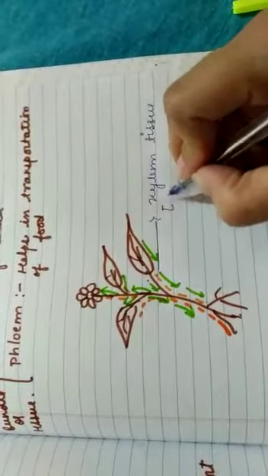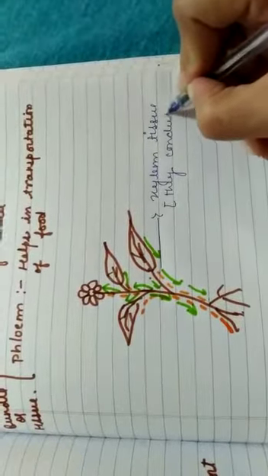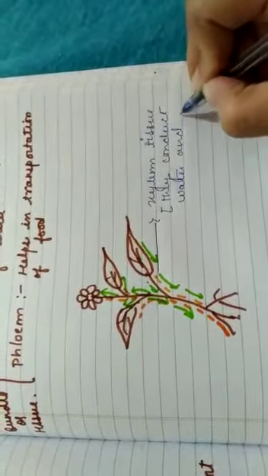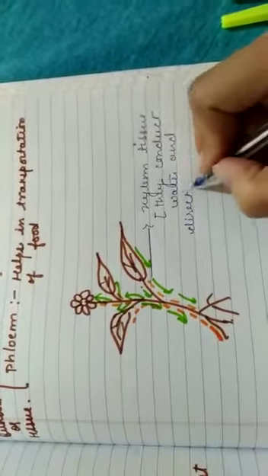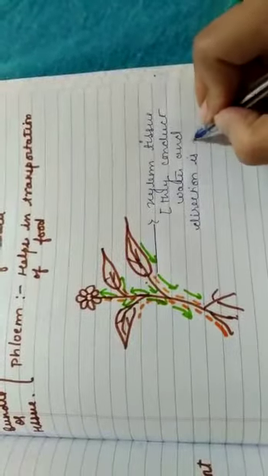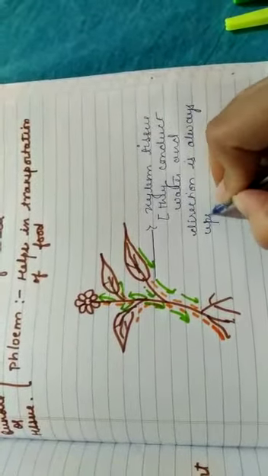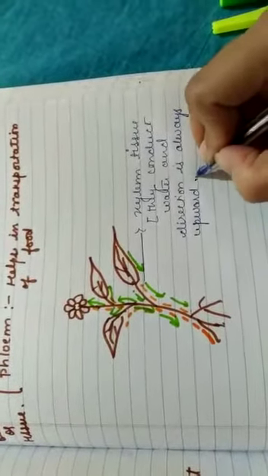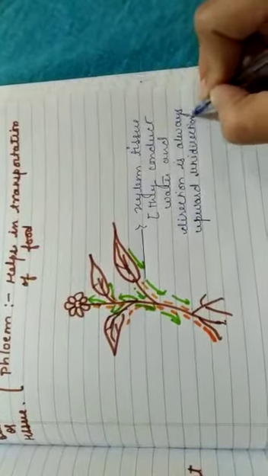Xylem tissue conducts water, and the direction is always upward, or we can say unidirectional. Unidirectional मतलब एक ही तरफ का डायरेक्शन रहता है. ठीक है.